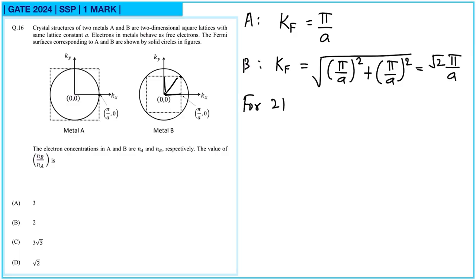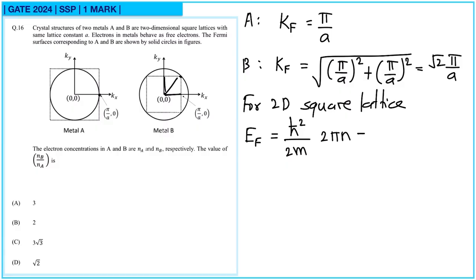Now for a 2D square lattice, the value of E_F is equal to h cut square by 2m into 2 pi n, and this is also equal to h cut square k_F square by 2m.